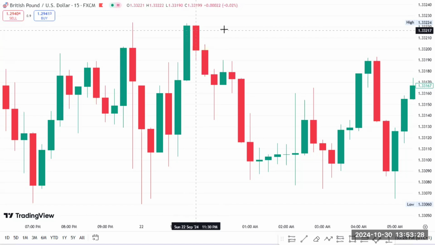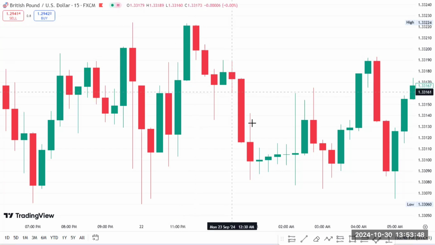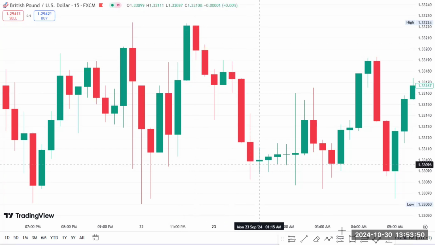This time around is a tweezer top. You can see as soon as this one closes, this one opens without even going up, and their tops are what? Relatively equal. They are very equal, right? And as soon as that happened, you can see that price kept what? Pushing down.